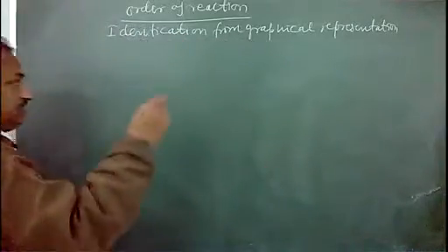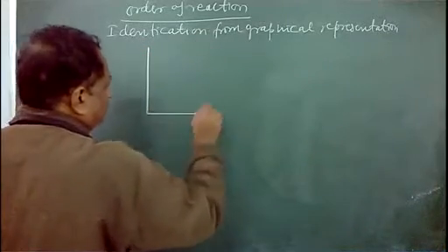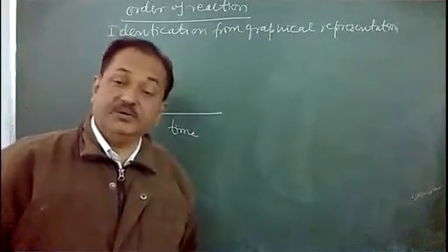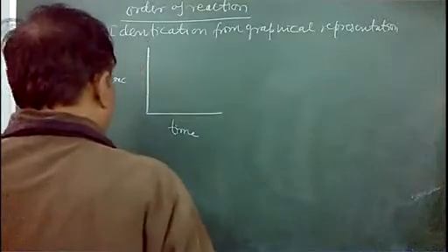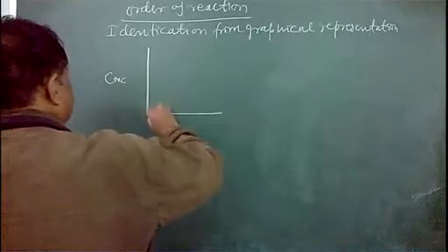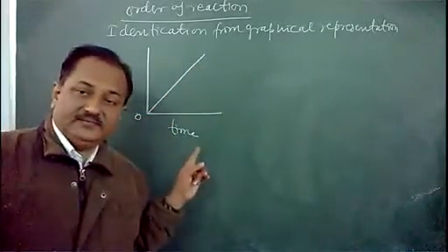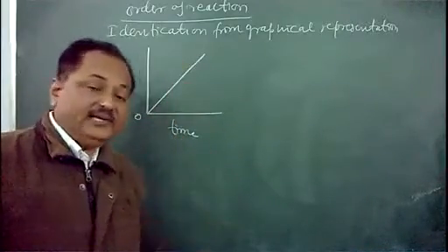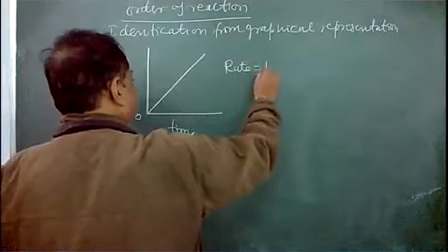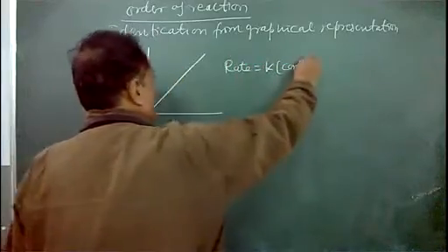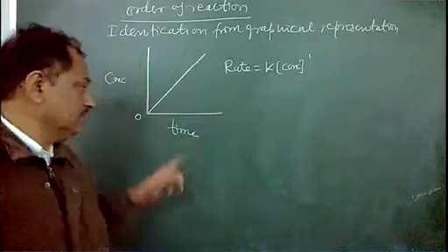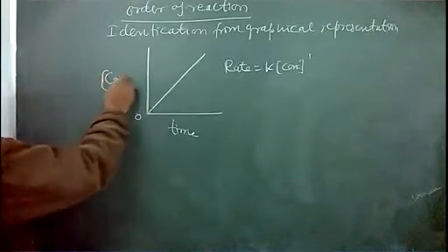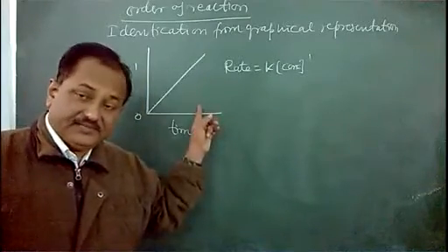So for this, if we draw a graph with concentration here and time here, a concentration versus time graph, and if it is like this, then the rate will be equal to K times concentration raised to 1. So it will fall like this.